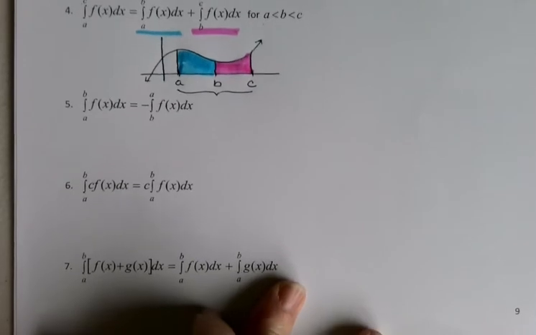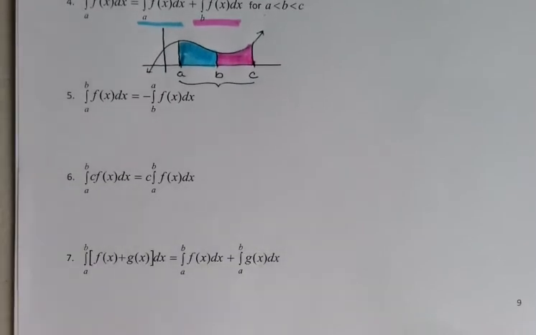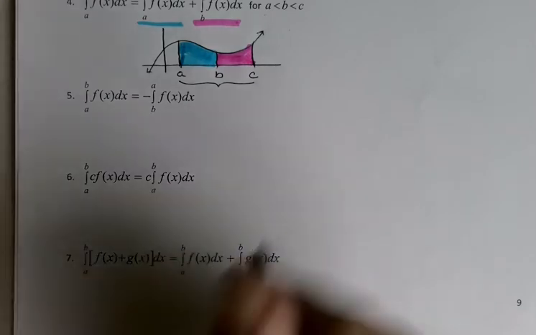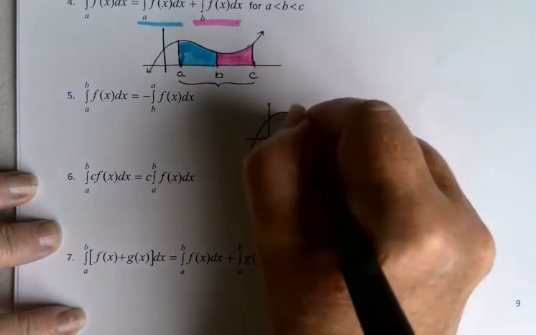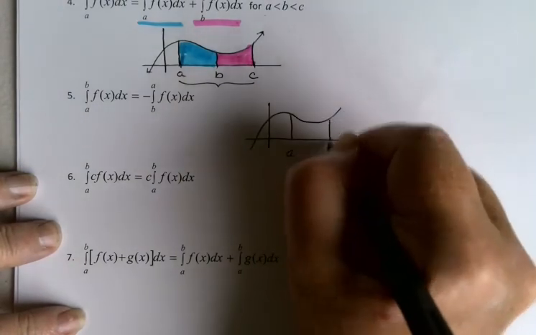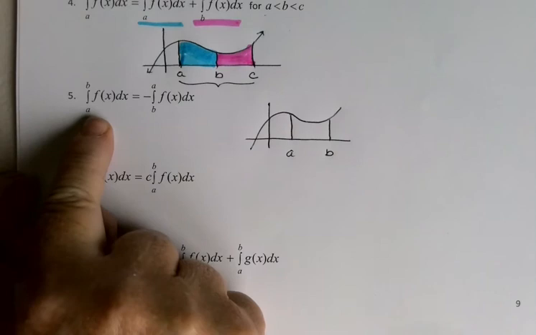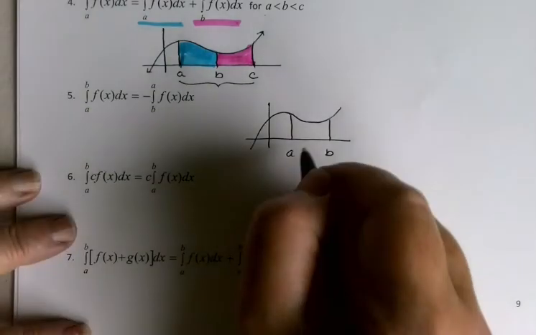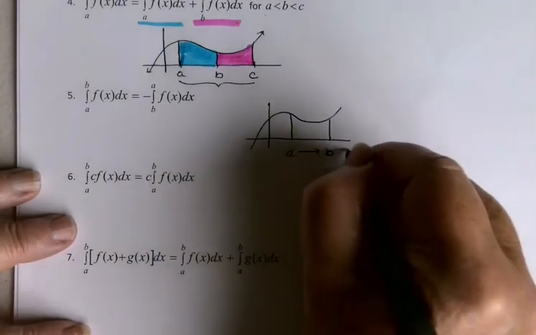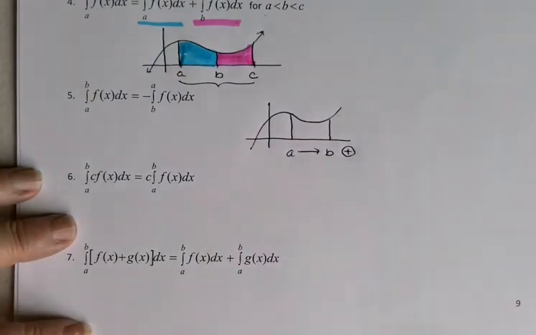All right, the next one has to do with the direction of integration. We normally think of left to right as our positive direction. So if I integrate from a to b on a function like this that's above the x-axis, I will get a positive result.